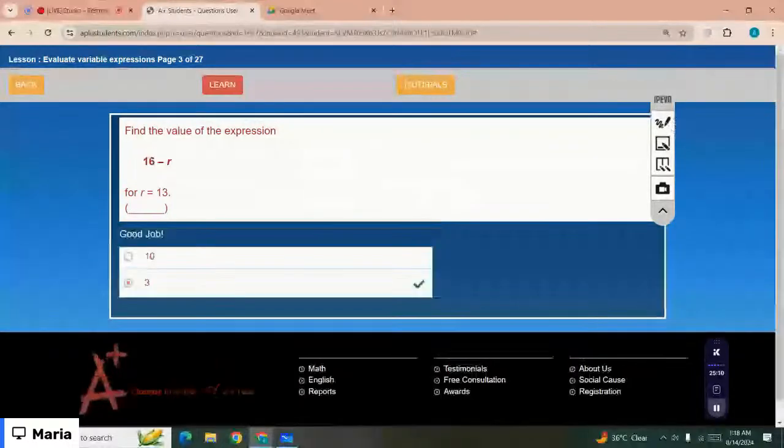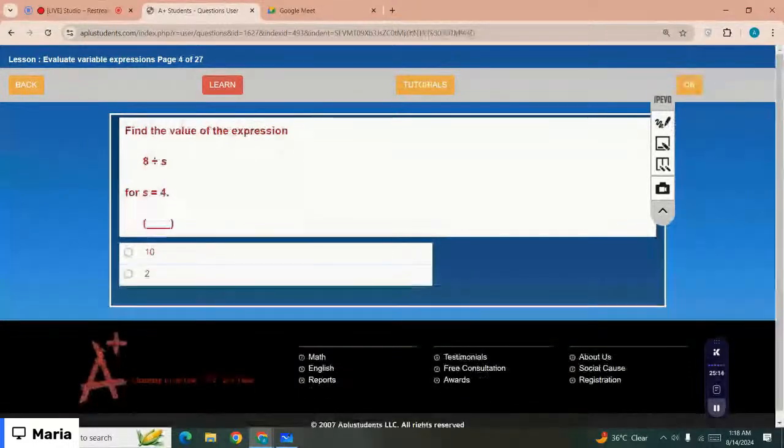Okay, the next one is find the value of the expression 8 divided by s for s equals 4.